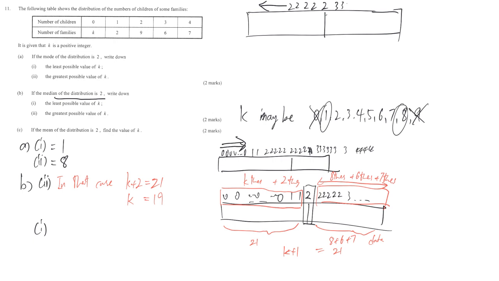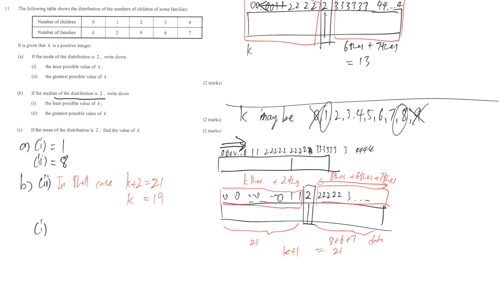And here becomes 3 already. And 4. So that 2 is still the median. And then we have 1 here and 0 here. And then we are going to count how many data are on the right hand side, which represents how many data are on the left hand side also. Here we have 6 times 3 plus 7 times 4. So we have in total 13 on the right hand side.